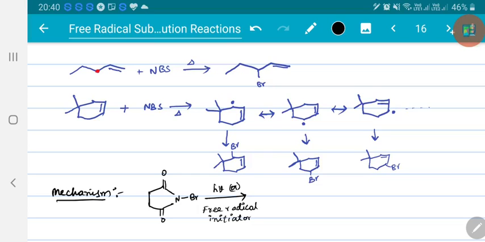When you use any free radical initiator, it first forms an N radical plus a Br radical. This is the first step.